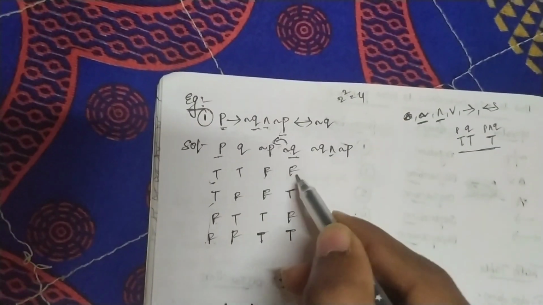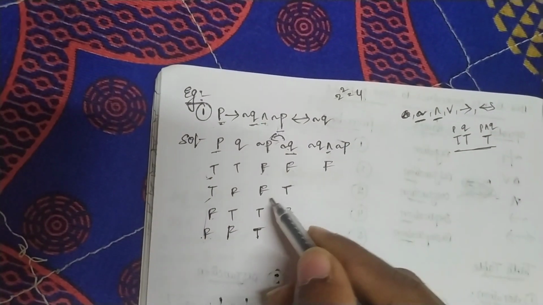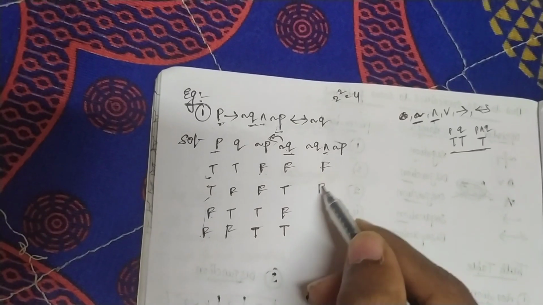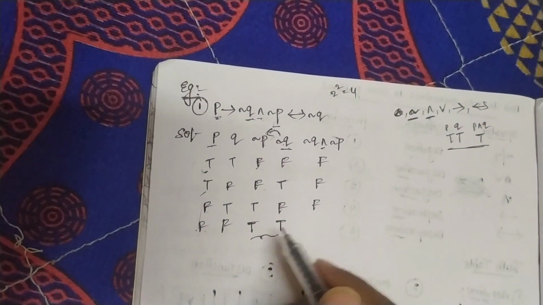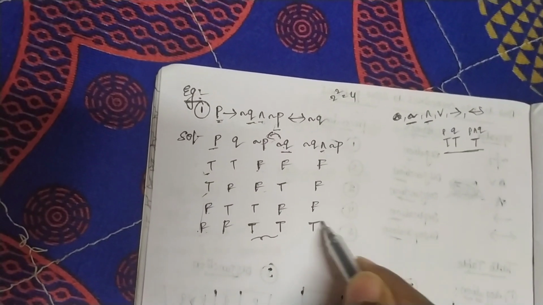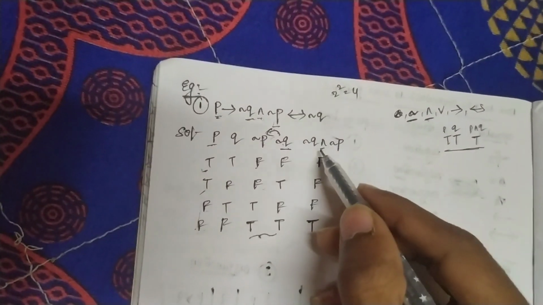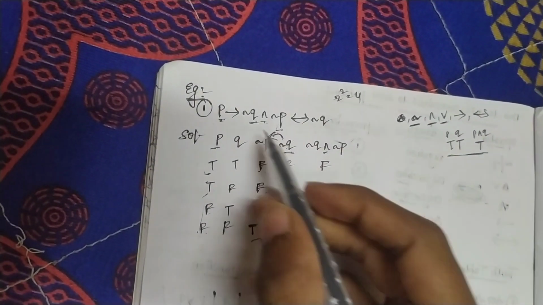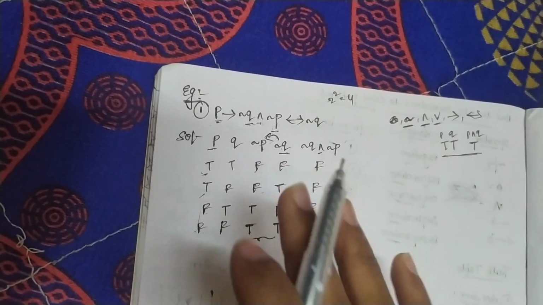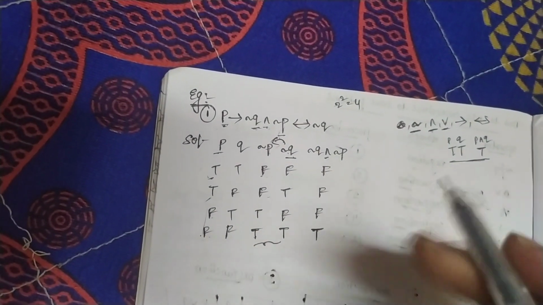Two false means we get false only. Any one false means we get false only. Here we have two truths, so the whole statement is true for AND. AND is completed. The third preference is given to OR. Here we do not have any OR word, so we leave it.